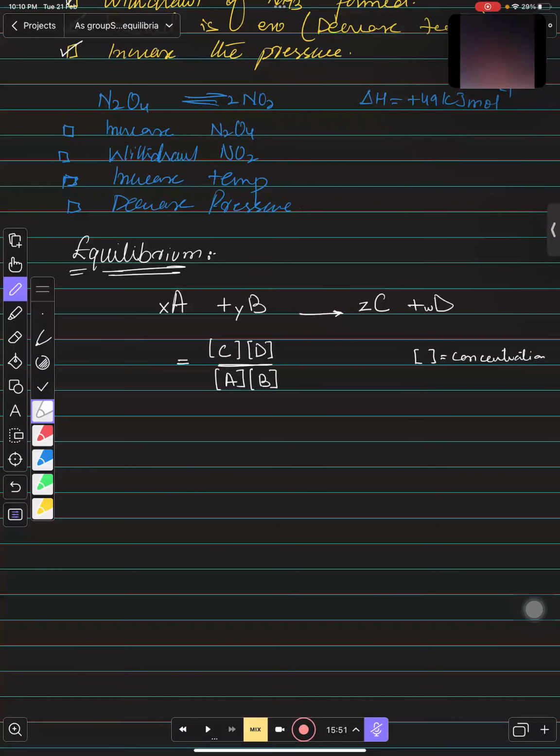And also you need to remember the stoichiometric numbers. ये stoichiometric number जो आप moles होते हैं equation में उसकी बात कर रहा हूँ.